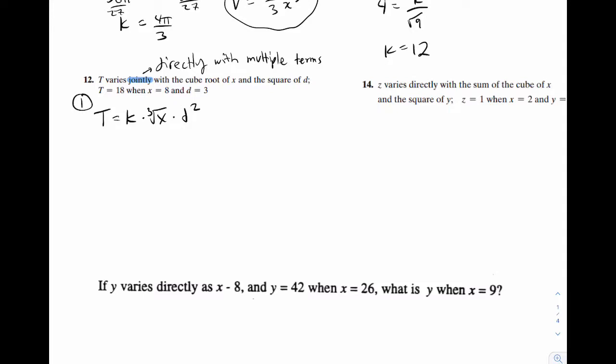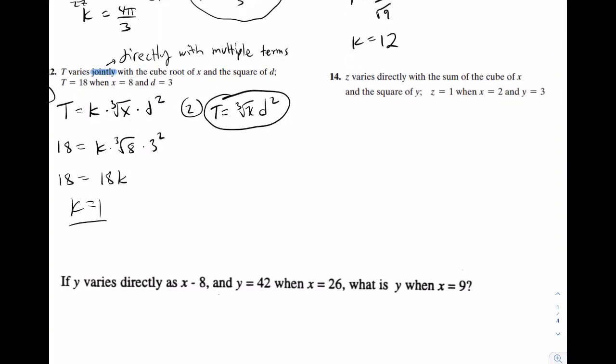There's your step 1. Now plug it in. 18 is equal to k times the cube root of 8 times 3 squared. Let's keep going. This would be 18k. K is 1. So our formula, just plug in 1. T is the cube root of x times d squared.